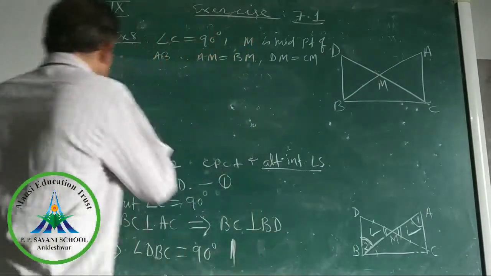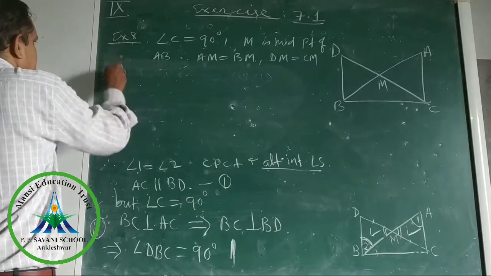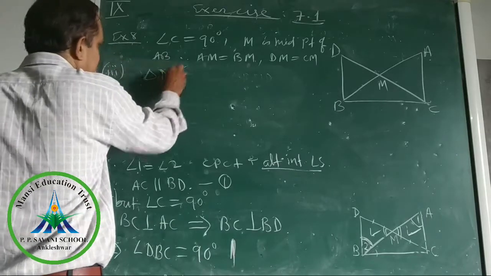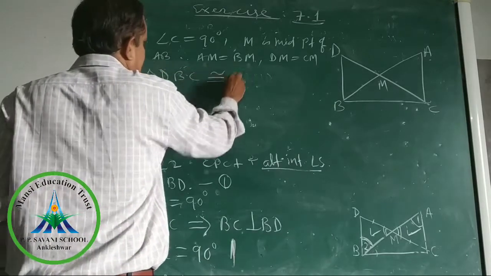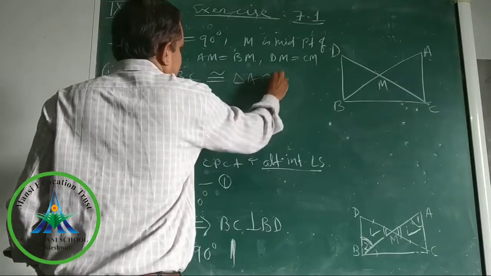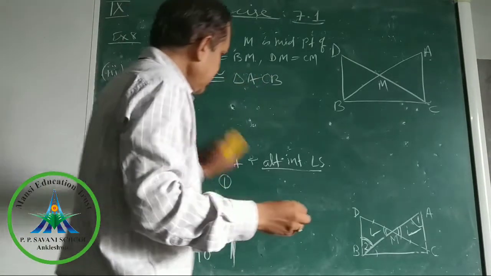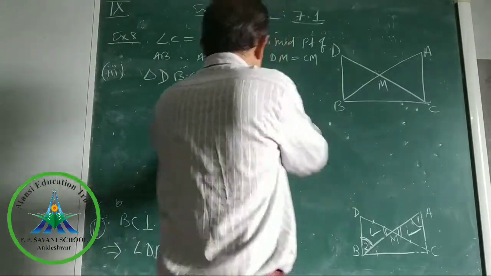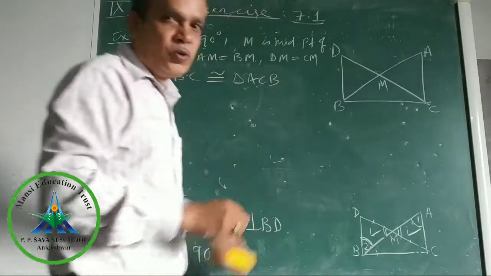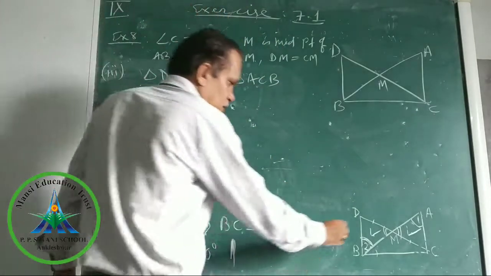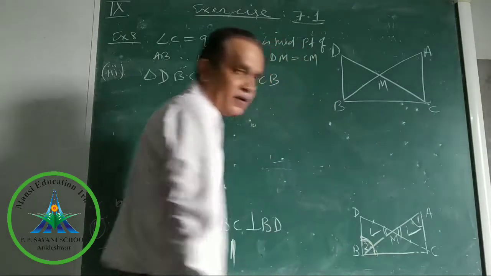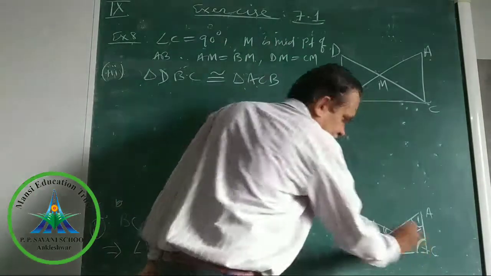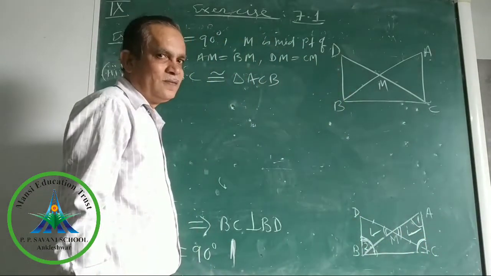See students, triangle DBC congruent to triangle ACB. Do you see which rule? Angle DBC is 90 degrees. Yes or no?